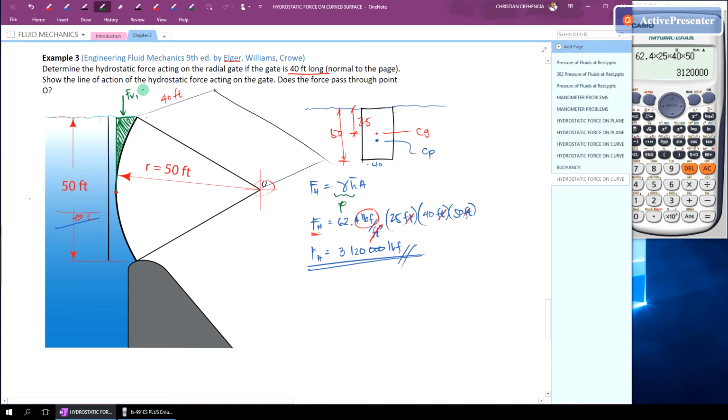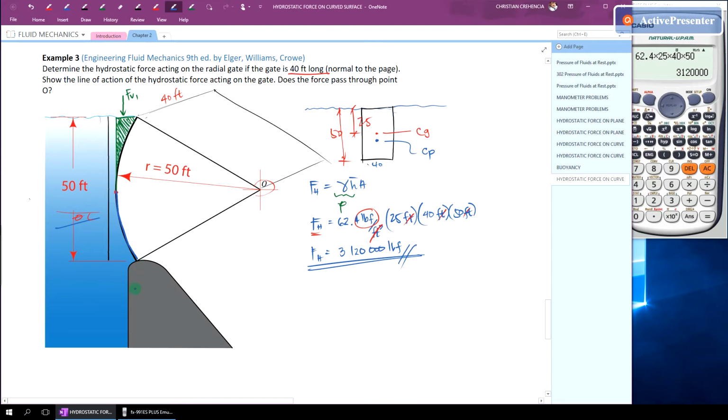And then below, on the lower part of the gate, from this point, so mula dito, ito yung ating gate. So yung liquid kasi natin or yung water natin is below ng gate.